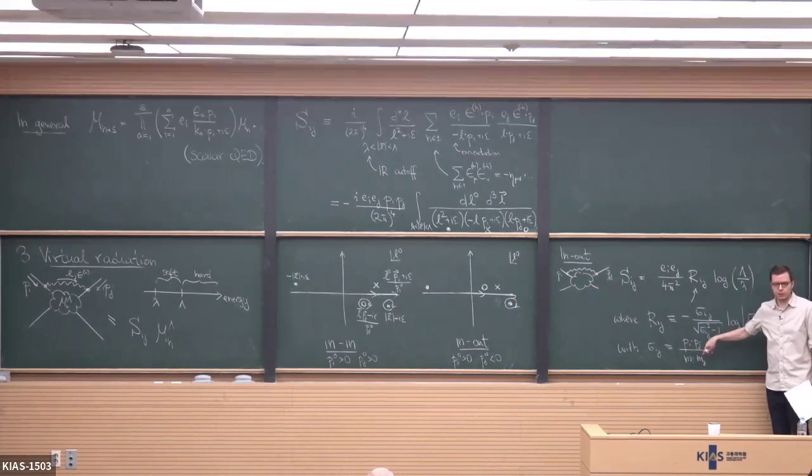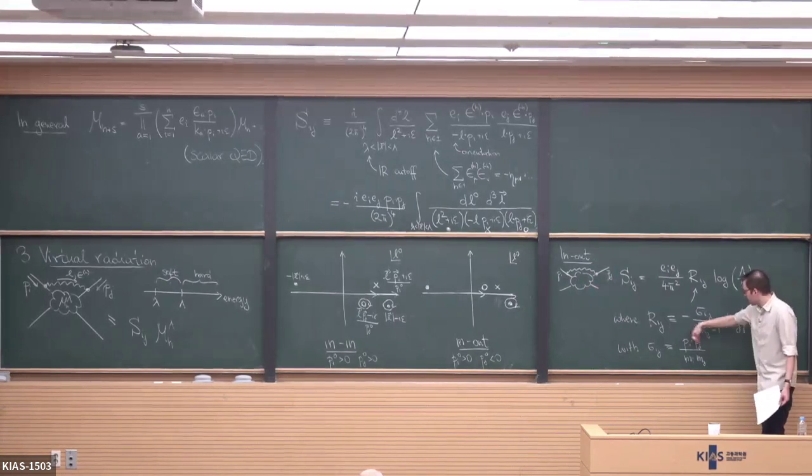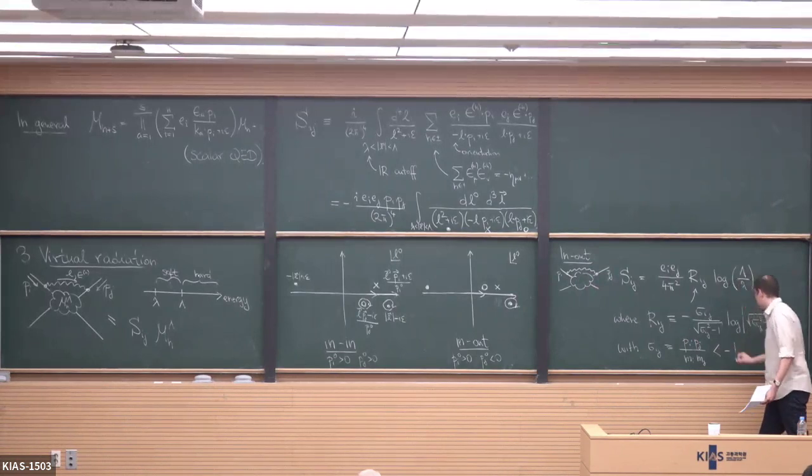In fact, this dot product has to be below the allowed kinematics. So if you work it out, it has to be below -1. So pi dot pj has to be smaller than mi times mj.